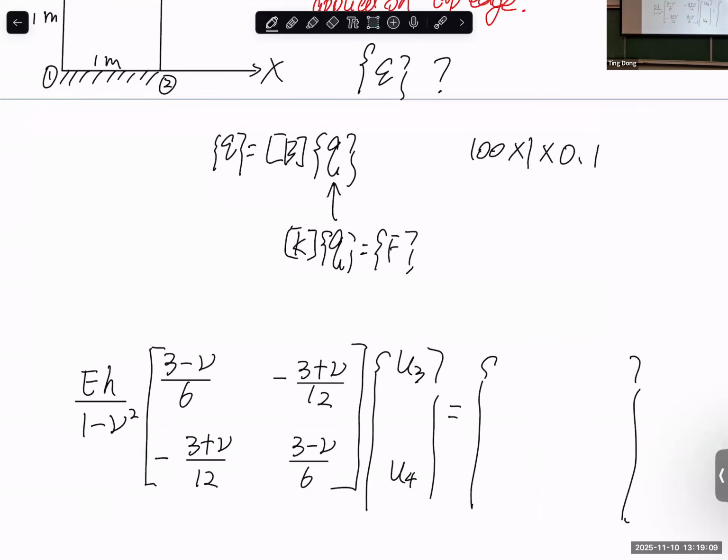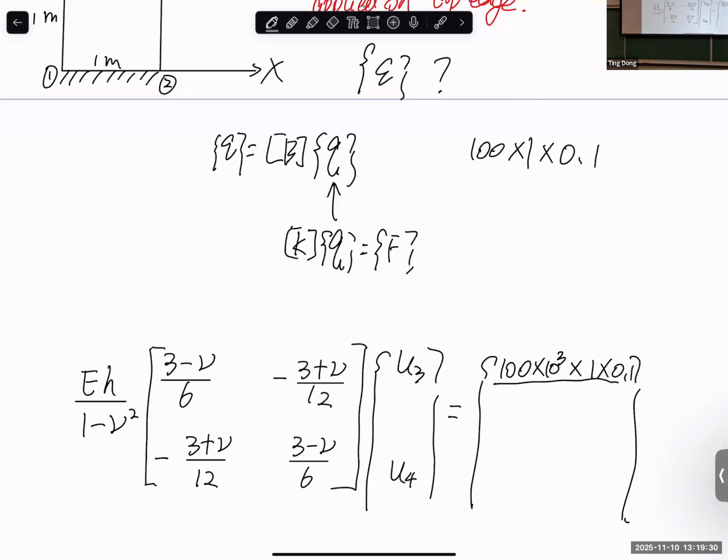So let's convert everything to meter and Newton. So in the end, you will get a unit as Pascal. This is Newton, and the area of the edge for the force applied is edge length equal to 1, thickness equal to 0.1.